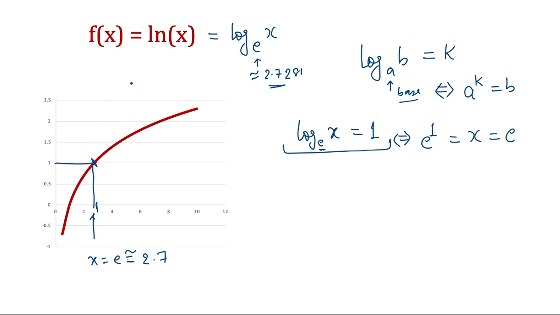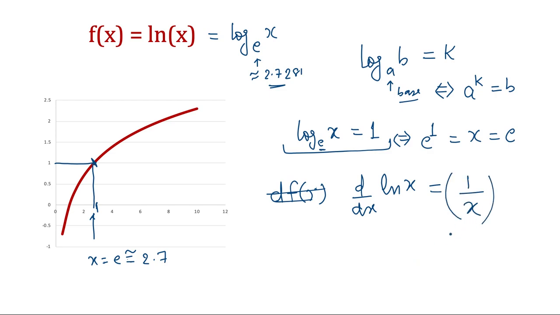So now let's calculate the derivative. Its derivative is dy/dx, instead of f(x), we will write ln of x. This is 1 over x. You can find the proof of this.